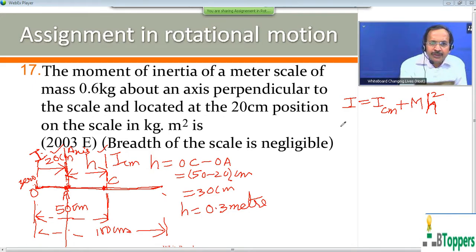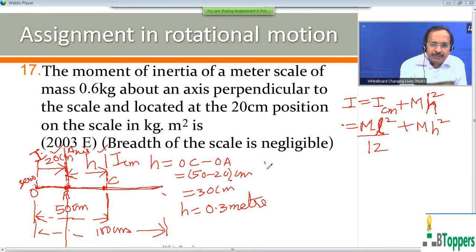The moment of inertia of a thin uniform scale or rod of mass m about the axis passing through the midpoint and perpendicular to its length, that is, the moment of inertia of a thin uniform rod or stick or scale of mass m and length l about the axis passing through its center of mass and perpendicular to the length of the scale, is given by ml square by 12.